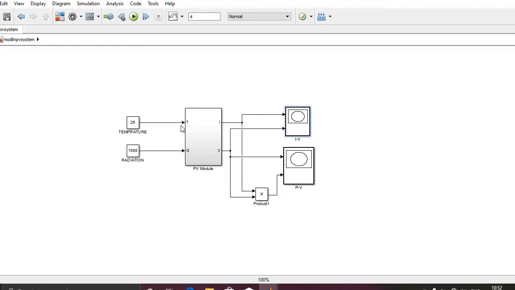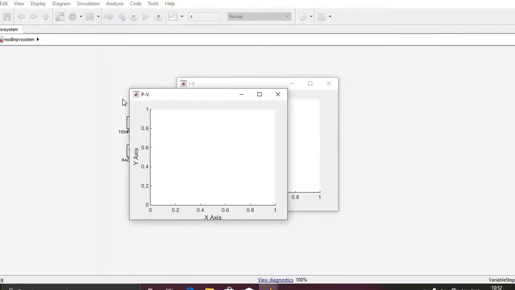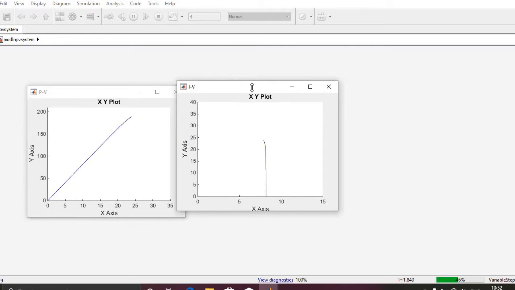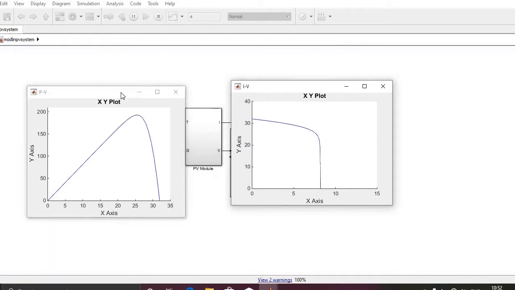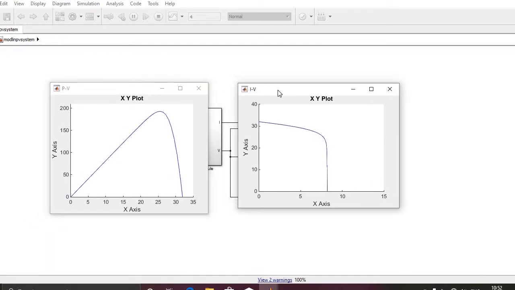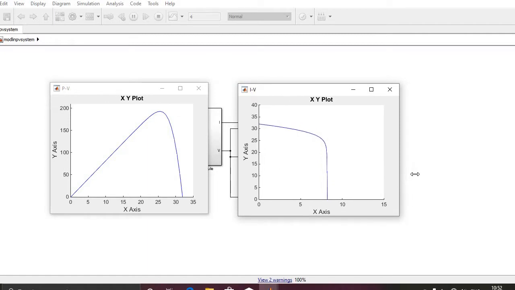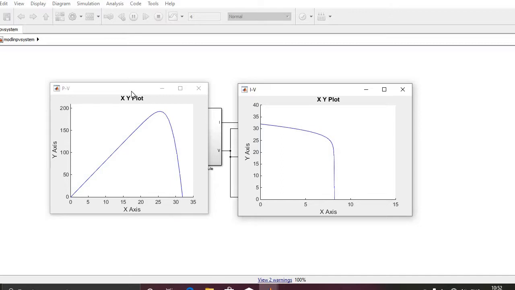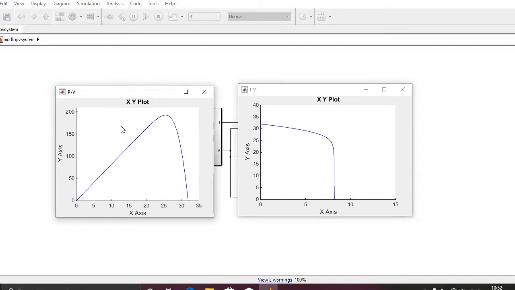Now I will run this simulation. So I will get this type of XY plot. This plot stands for the IV characteristics of the solar PV array.